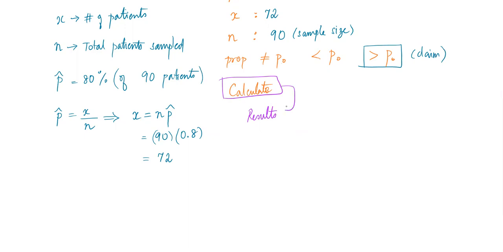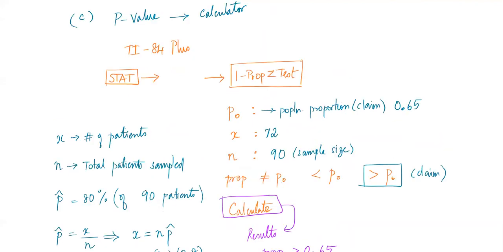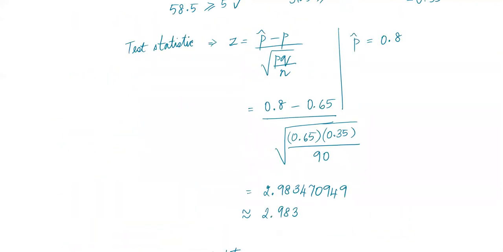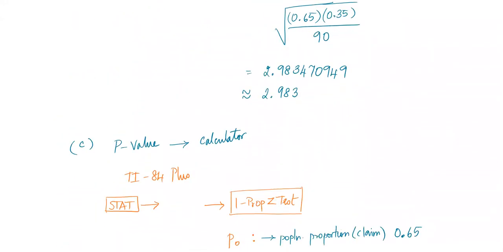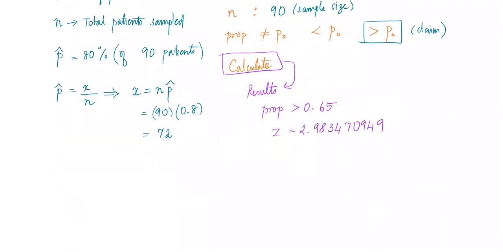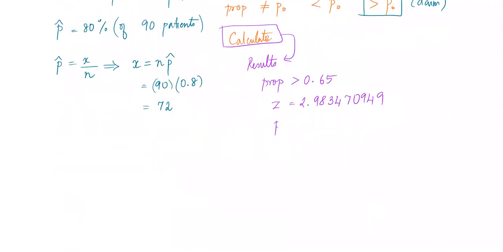Upon doing the calculate, the results show: prop greater than 0.65, z is 2.983470949. If you recall, that was your answer from part B, right? We did that manually, but see, that's the same answer the calculator gives you. Then this p is 0.0014250645.